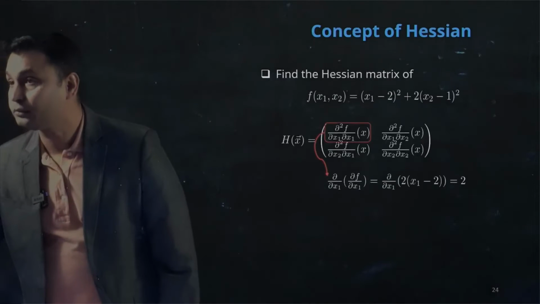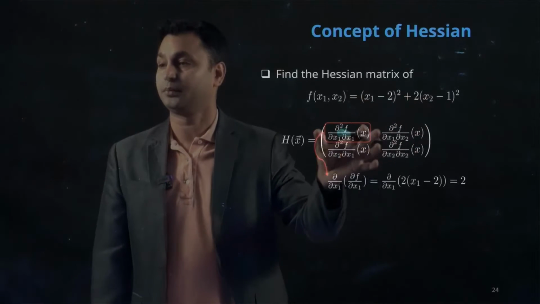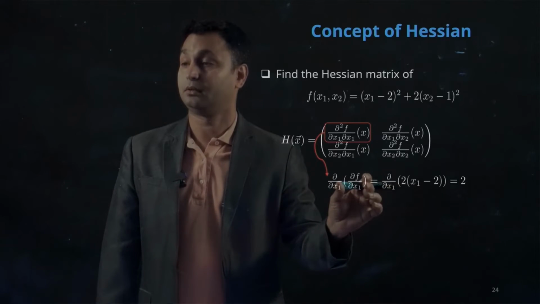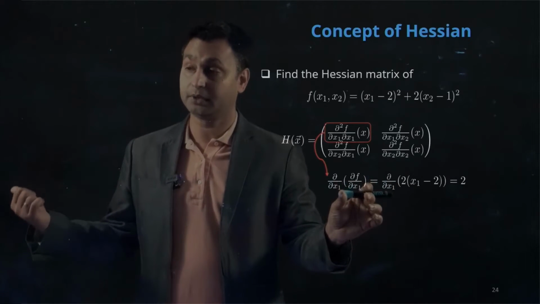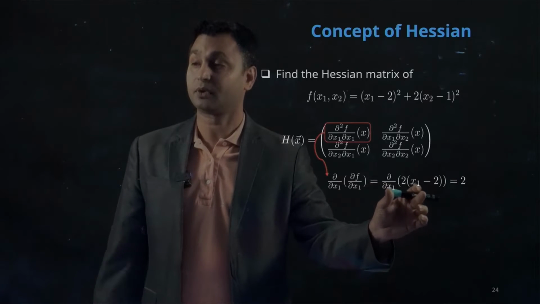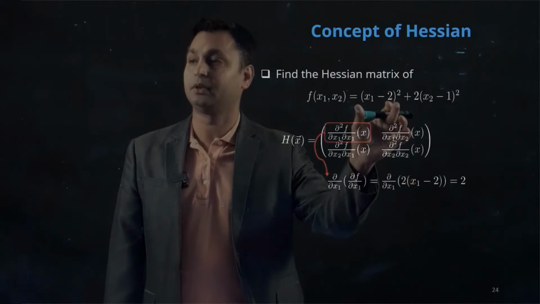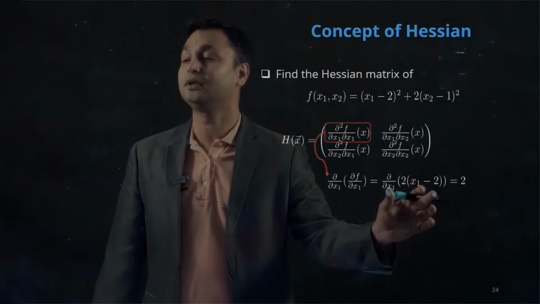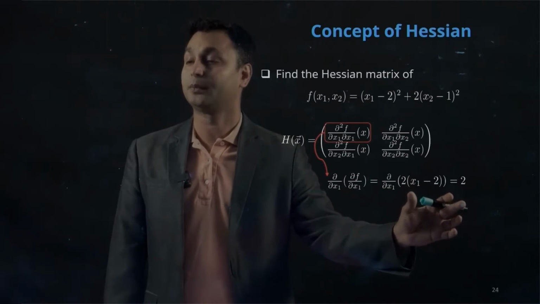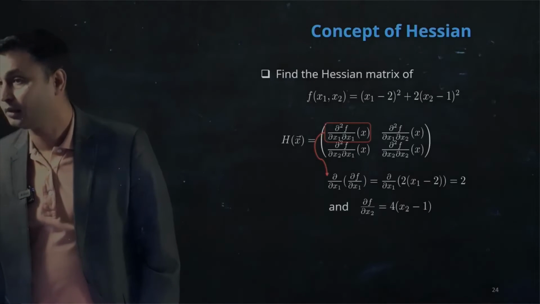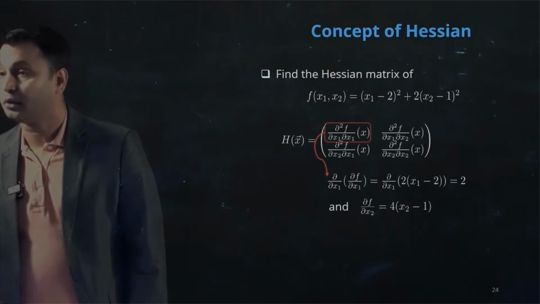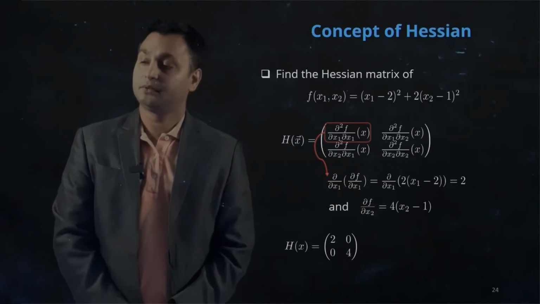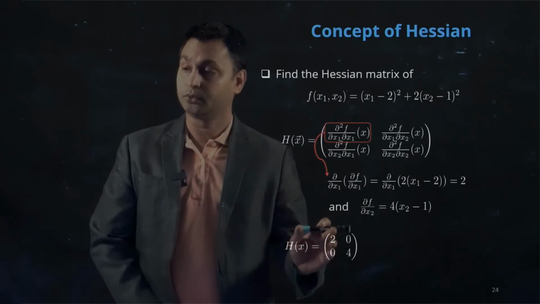We take the derivative we computed in the last slide, take the first derivative of that, and then take another derivative with respect to x1, and it comes out to be 2. Similarly, we can compute all the other elements, and once we do, this comes out to be 2, 0, 0, 4.